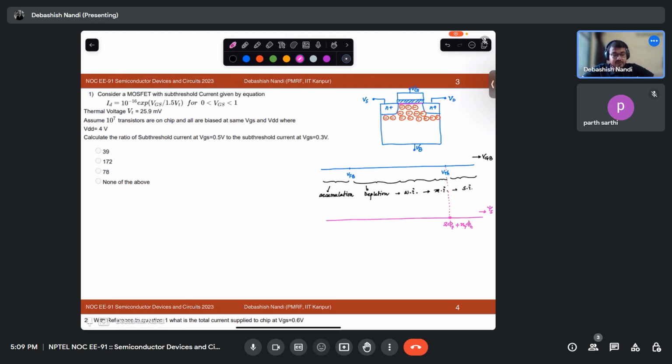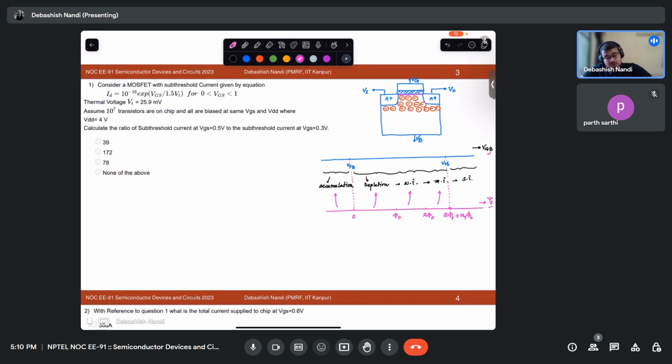This would be your surface potential threshold condition. And what is the surface potential at VFB? It is 0. So this region is your accumulation, then depletion, then it starts to enter weak inversion, somewhere around 2 phi f it will be in moderate inversion, and then strong inversion. So this is how the device will operate, in terms of surface potential and in terms of your gate voltage.